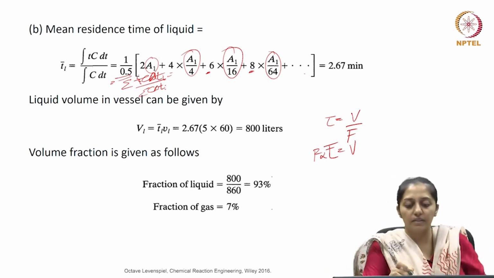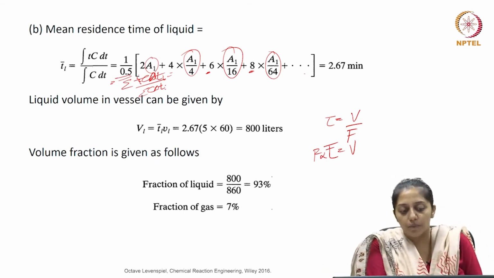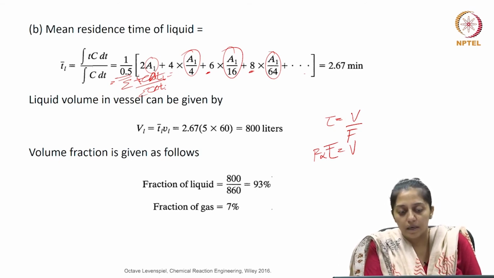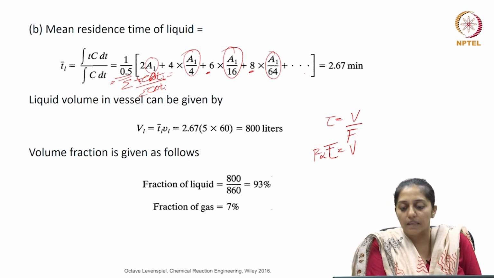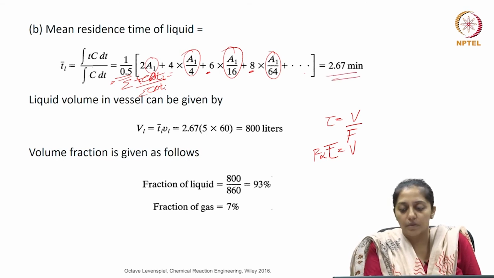So, if you take 2A1 common, this will end up in a Taylor series, an infinite series, and we can sum it up and it will give you the value of 2.67.